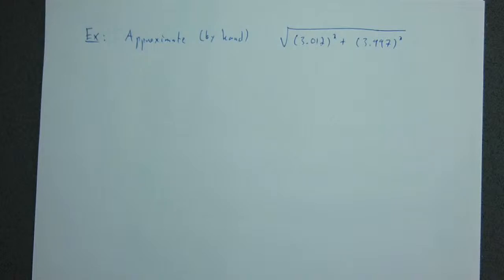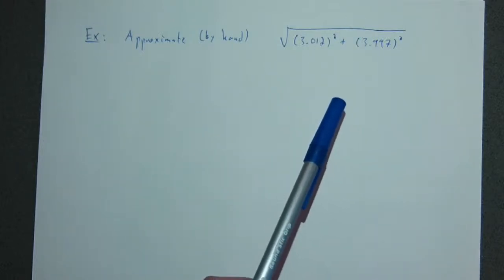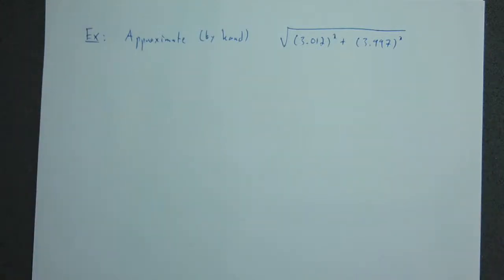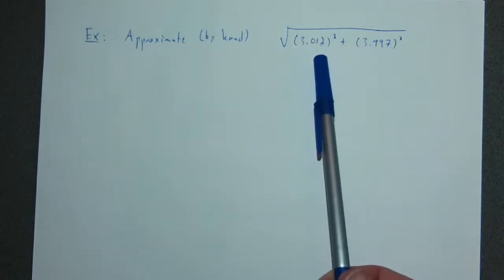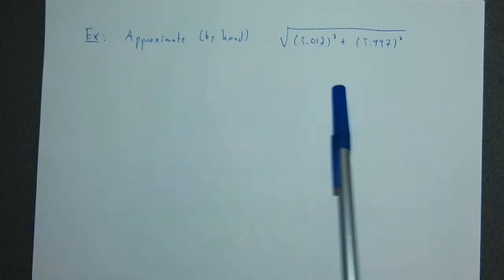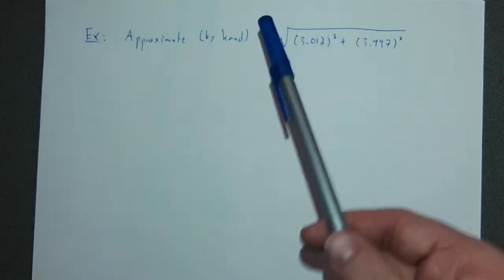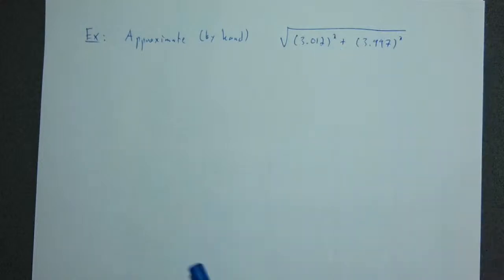First, I noticed that this is a problem of approximating the value of a function near a nice value, right? How do I tell what the nice value is? Well, 3.012 is close to 3, and 3.997 is close to 4. And so really this is close to square root of 3 squared plus 4 squared, right? Okay, so this is the idea here.